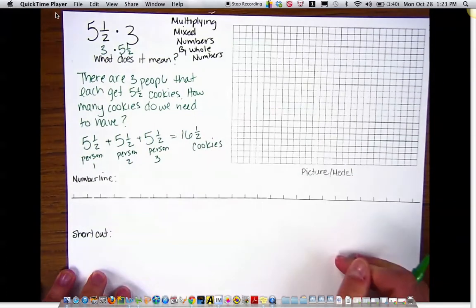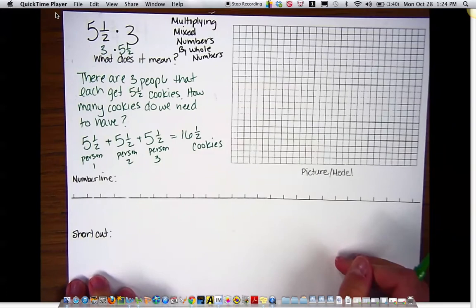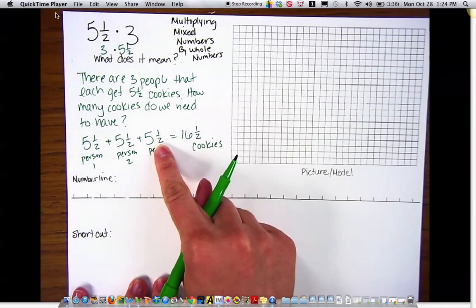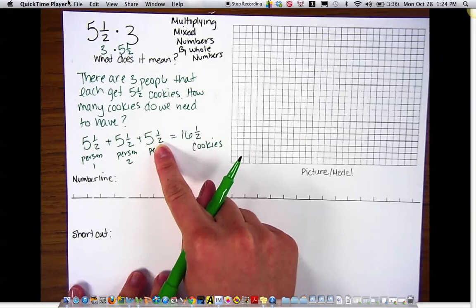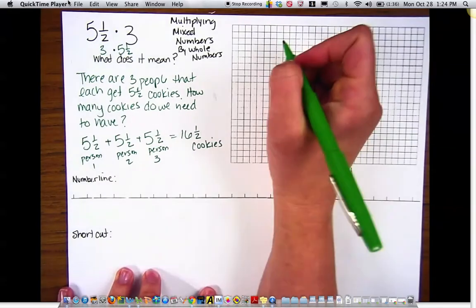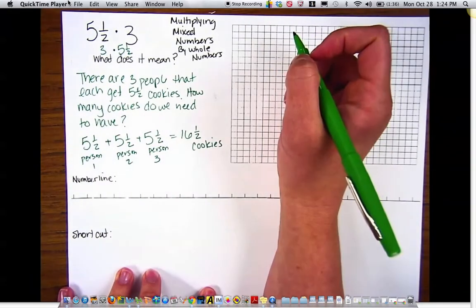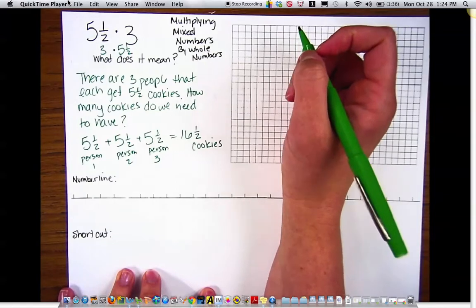So as with before, we want to show how to get that answer in multiple methods. So let's start out by drawing a picture. Since our fraction has a denominator of 2, we know that 2 make a whole. So I'm going to draw person 1. These are going to be kind of bar cookies, or maybe think of them as candy bars.